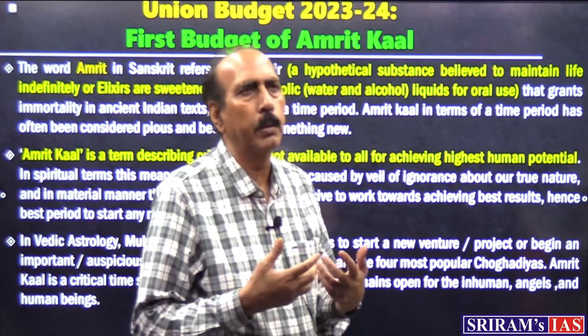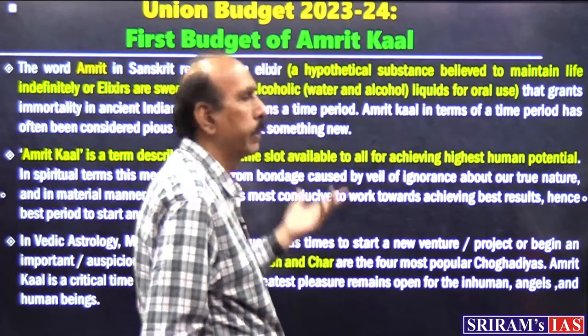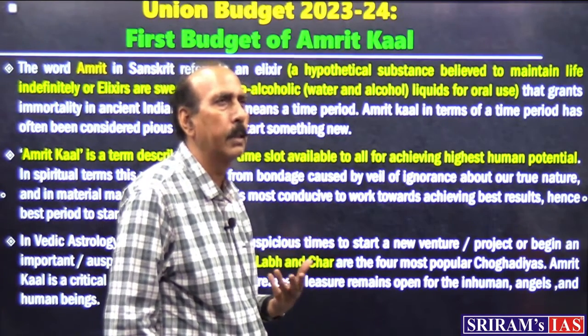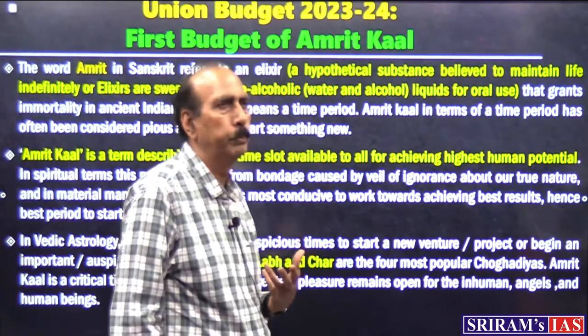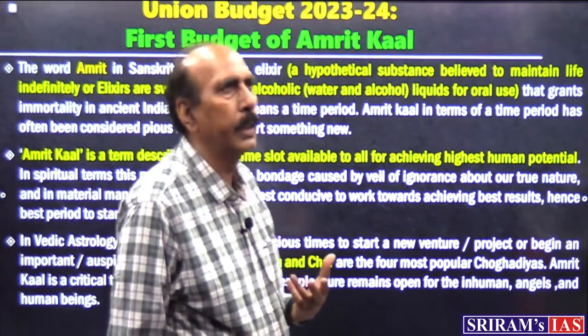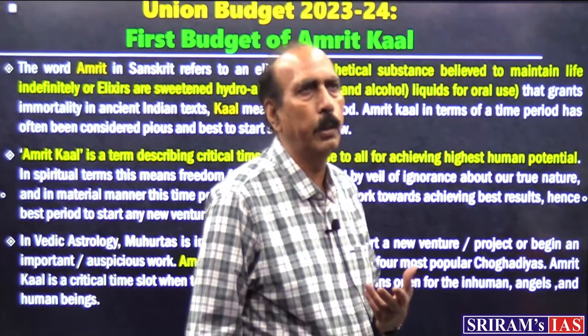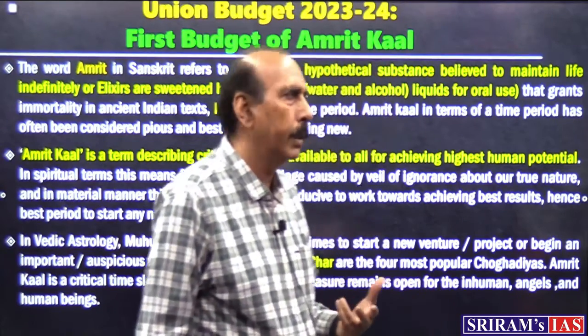Here Kal is a period. They are not saying immortality; their meaning is that in Amrit Kal we will create a situation such that every person can utilize his potential to the maximum extent possible. That is how Amrit Kal is defined.